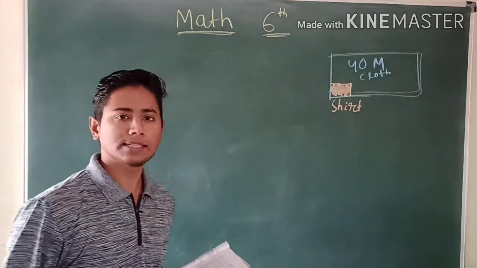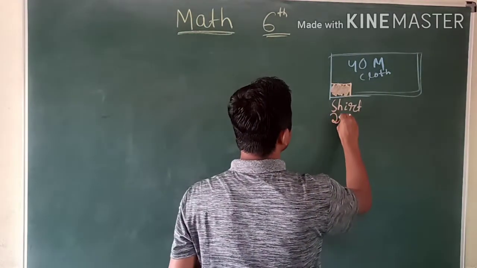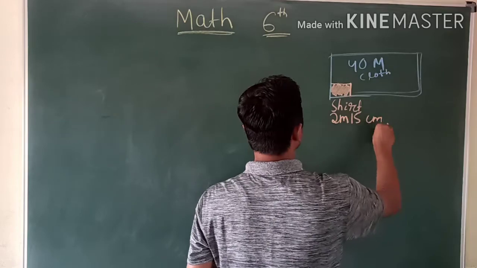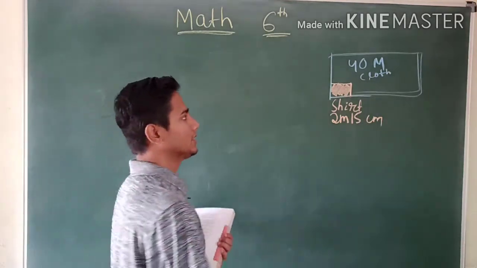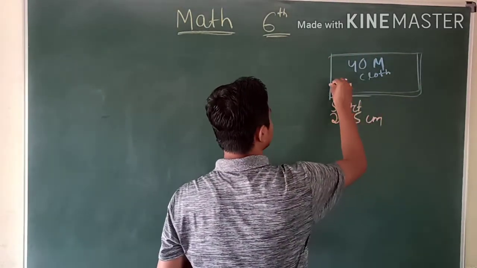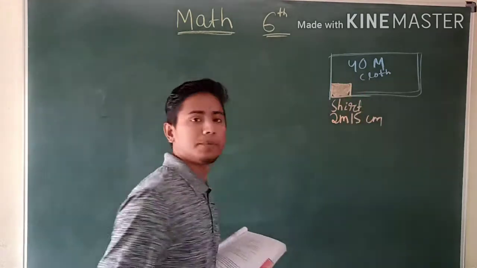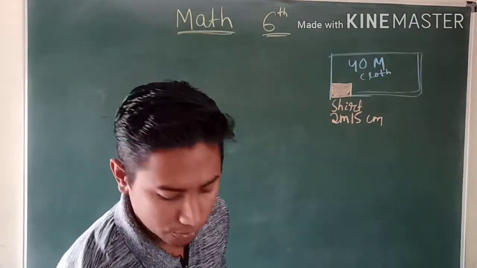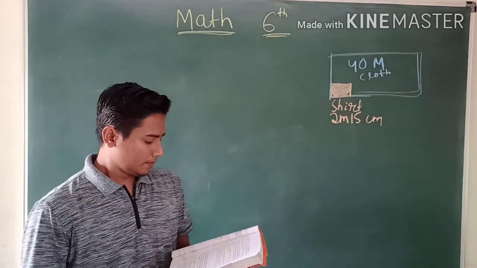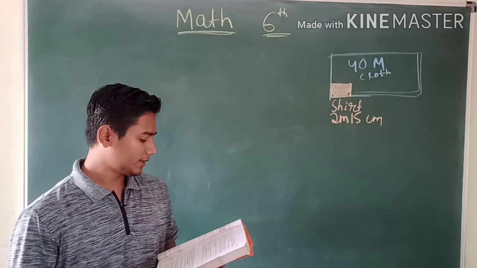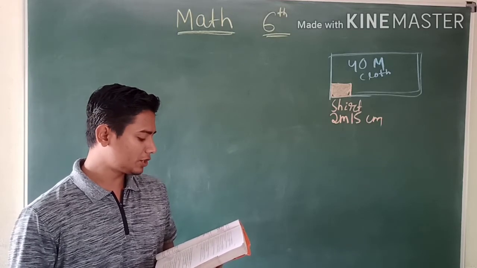To stitch one shirt, 2 meter 15 centimeter cloth is needed. This is the total cloth. To stitch one shirt, you need this much cloth, that means 2 meter 15 centimeter. So now, how many shirts can be stitched and how much cloth will remain?